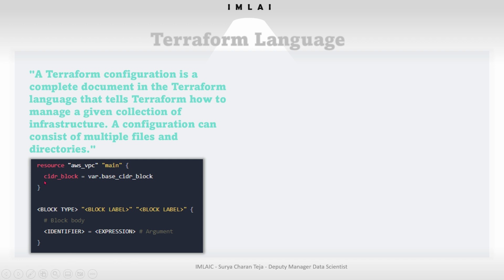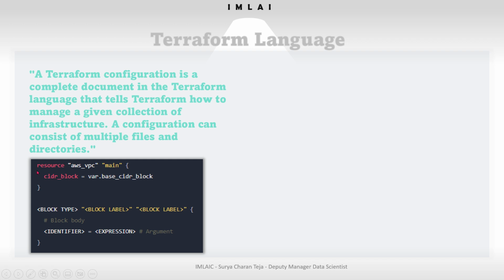You write a number of arguments, argument 1, argument 2, argument 3, and each argument consists of an identifier, which is like a variable name, equal to an expression, and then your block is closed.